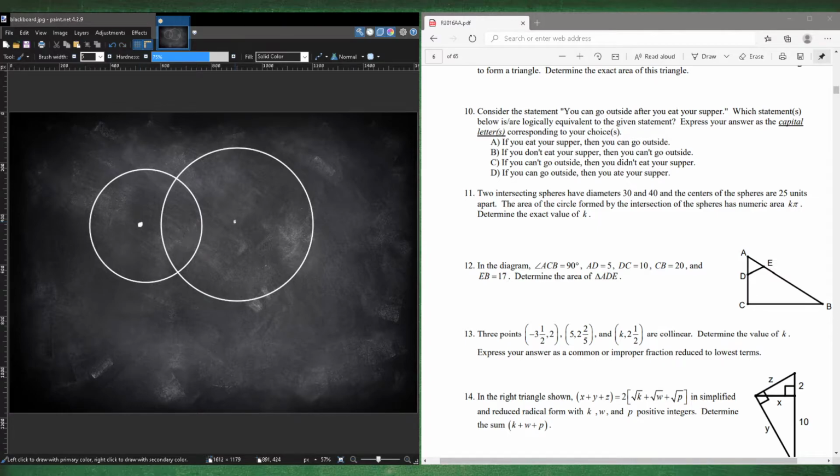It'll look a lot better. Yeah, that's fine. So we know that the distance between the centers of the circles is 25. We know that the diameter is 30 for this one. So if the diameter is 30, that means this length over here is 15.